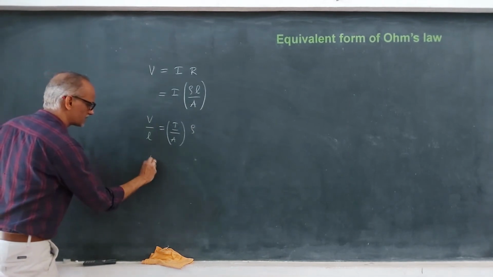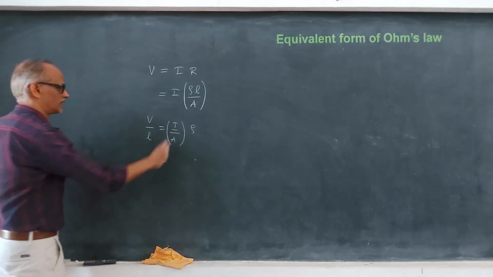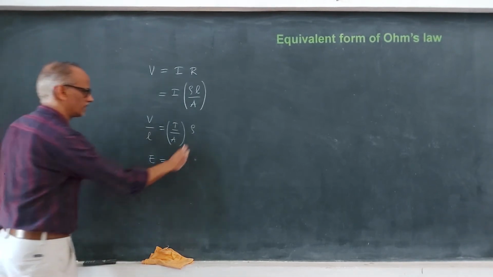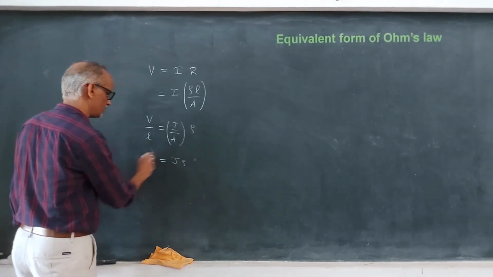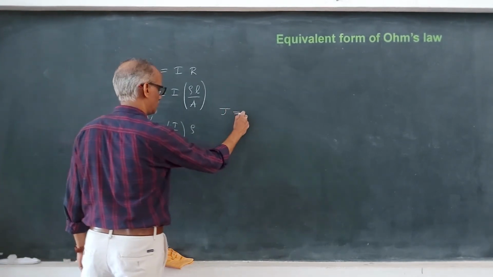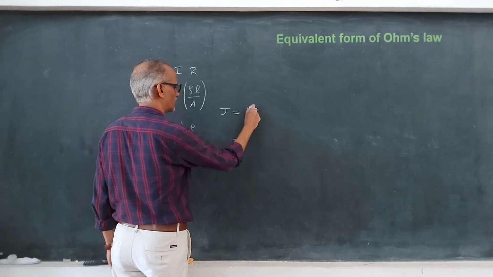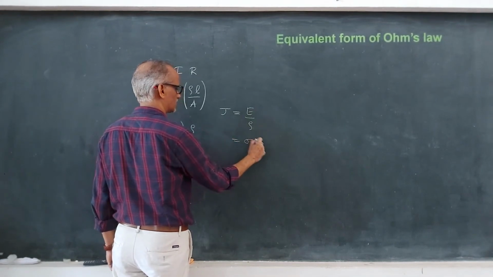V by L is nothing but E, the electric field. I by A is nothing but J, which is current density, and then rho. Now if I rearrange, I will get J is equal to E by rho. And 1 by rho is nothing but sigma.